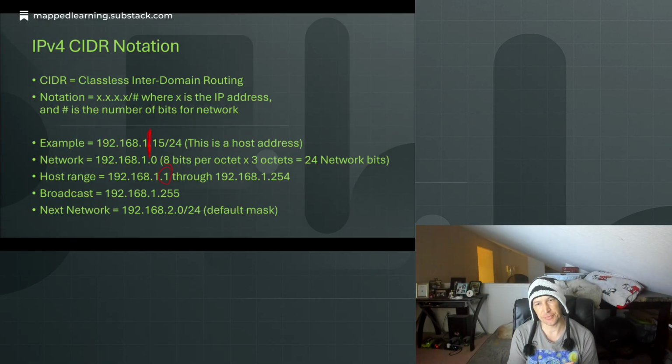And then to get the last host address, I always skip ahead to the last address because it's easier to calculate. But when we turn all of the bits on in a particular octet, that is 255. So that is this example right here. That is the broadcast address. And a broadcast is when you send network communications to every device in that network.